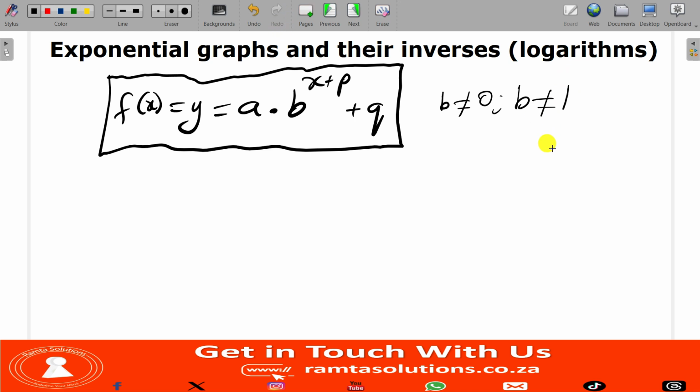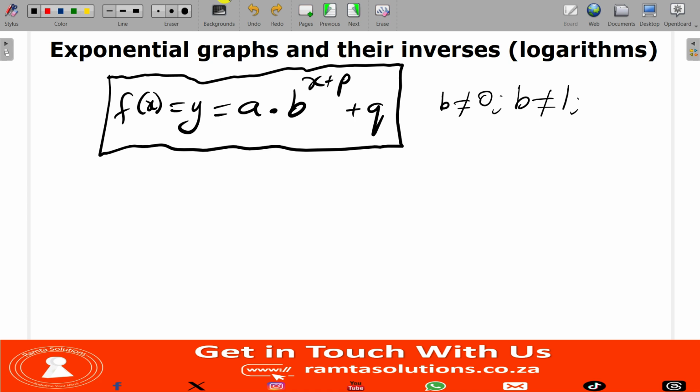To be honest with you, b is supposed to be greater than 0, not 1. It shouldn't be less than 0, and it cannot be 0.